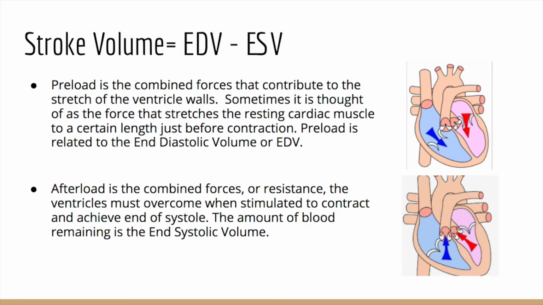The preload is related to the end diastolic volume, or EDV. Afterload is the combined forces, or resistance, the ventricles must overcome when stimulated to contract and achieve end of systole. The amount of blood remaining is the end systolic volume.